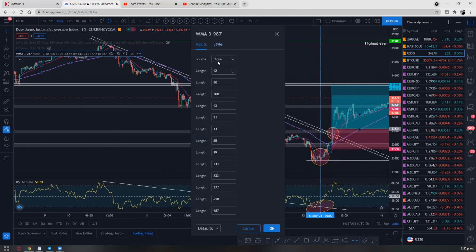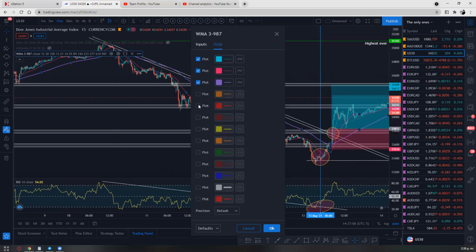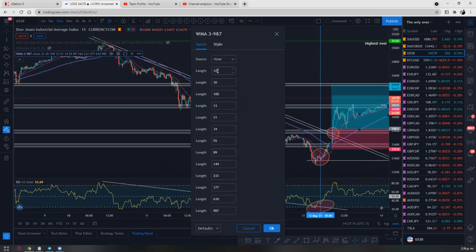Usually the indicator will come with a lot of lines. You don't need all that. You're going to need only 3 lines. The colors, you can put the colors you want. Right here, you're going to use the 12th, the 30th, and the 100. What type of lines are those, Edward?